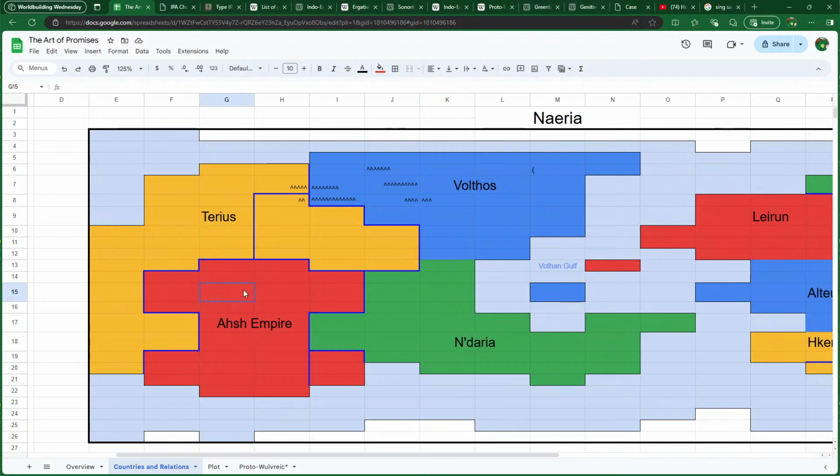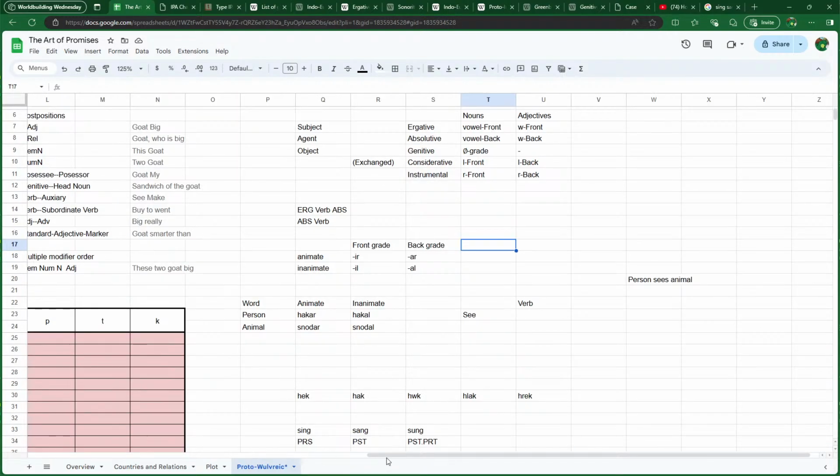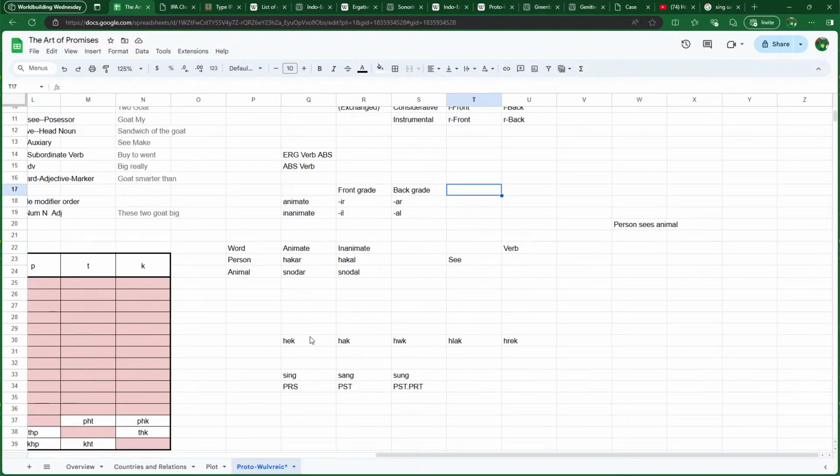And then people from Ash, once more of this is set up, go off to make the Wolvraic Kingdom, which will then fall, and then in a sort of coup will be regenerated into Terius by a humanitarian group. That's sort of the trajectory there.